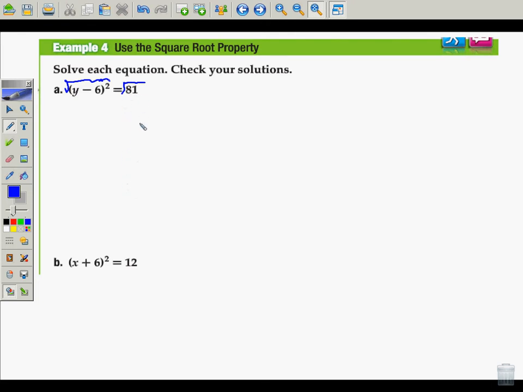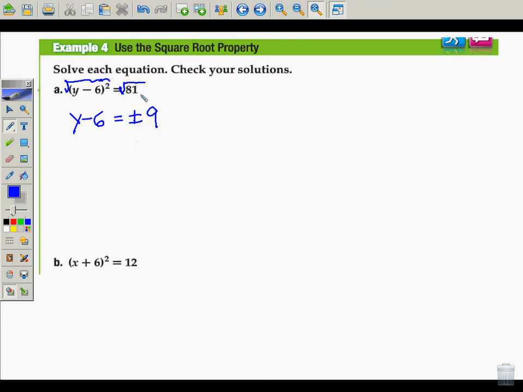The square root of anything squared is just itself, so the square root of y minus 6 squared is just y minus 6 equals the square root of 81. Well, I know the square root of 81 is 9, but we're going to say plus or minus 9 because we don't know if we had a positive 9 that was squared or a negative 9 that was squared.